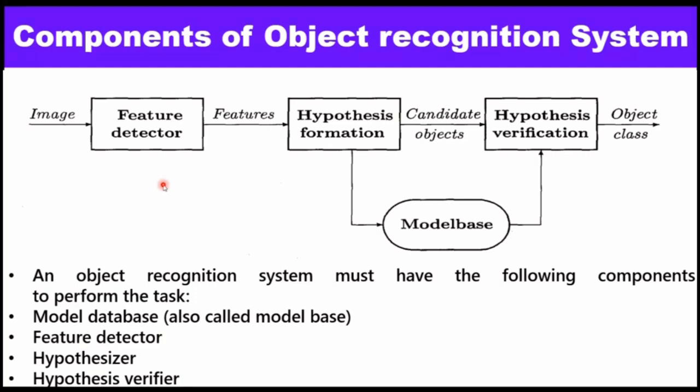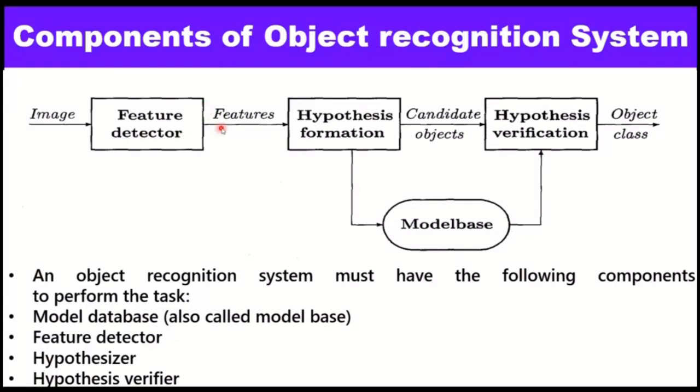A similar process we are doing here. So again we are calculating all the parameters which are needed for recognition. These are now termed as features. So all features are extracted. This process is called feature detection.